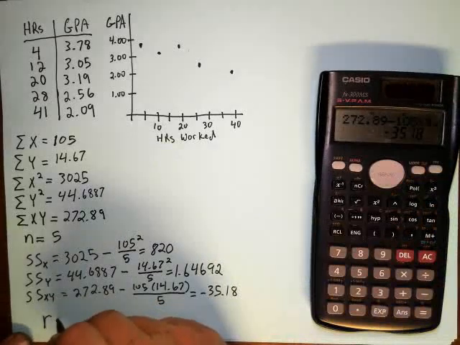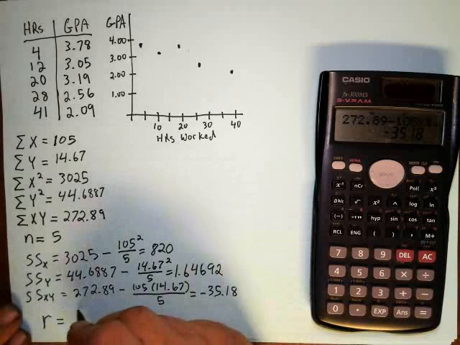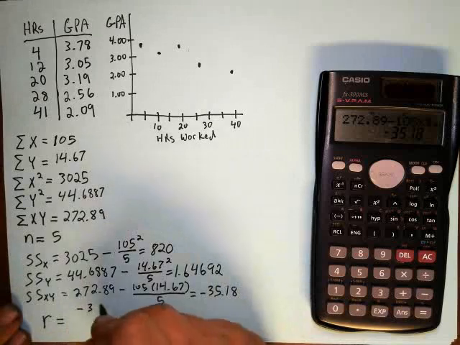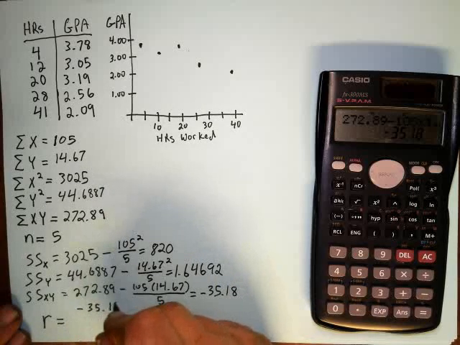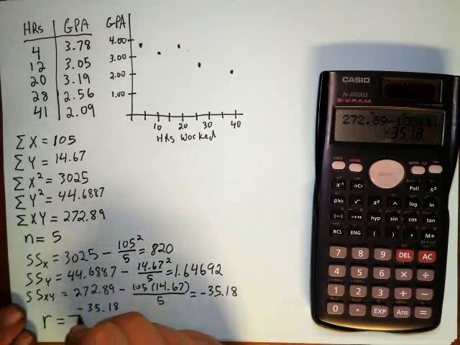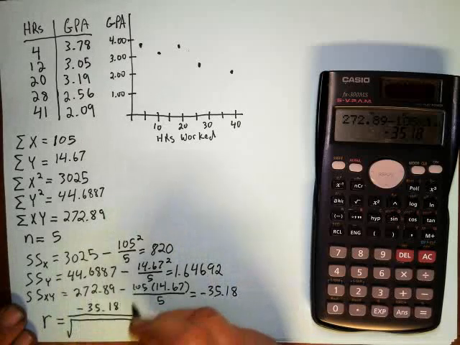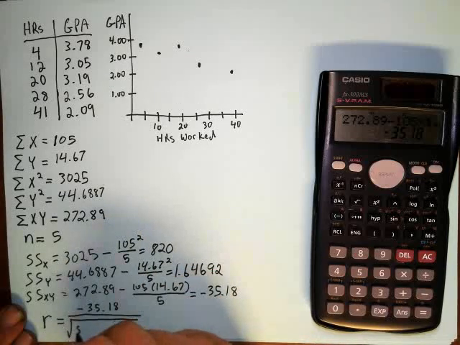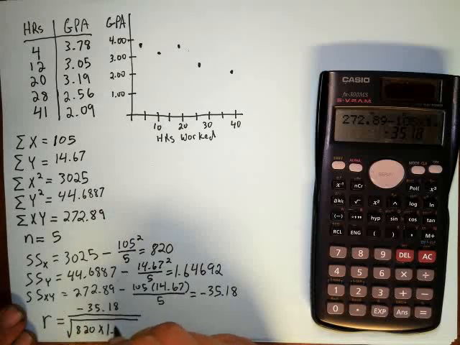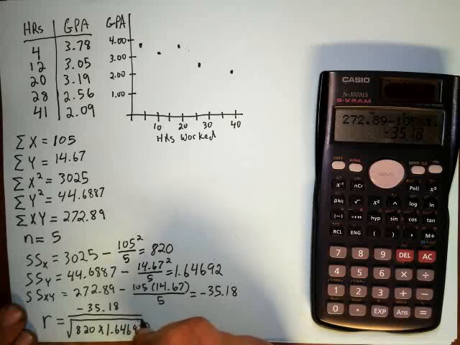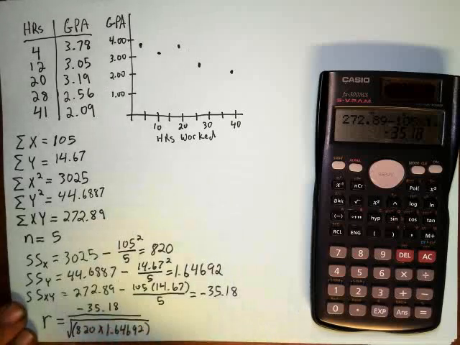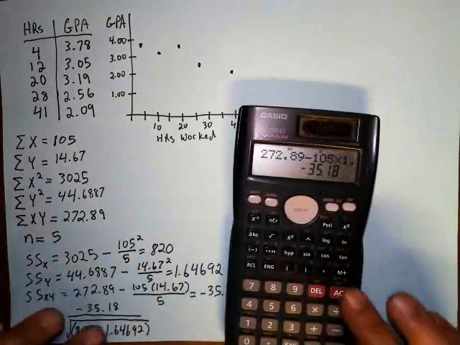Now r is going to be SSxy on top, divided by the square root of SSx, 820, times SSy, 1.64692.